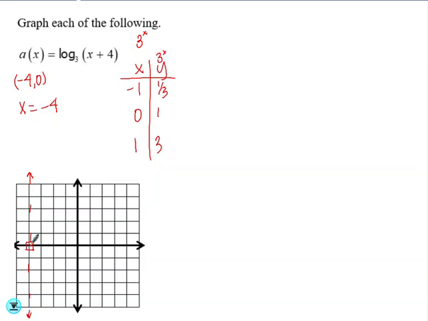So from the starting point, I would go 1/3 to the right and down 1, 1 to the right and up 0, 3 to the right and up 1. If you want to continue going, you can go 9 to the right and up 2. And that's our function.